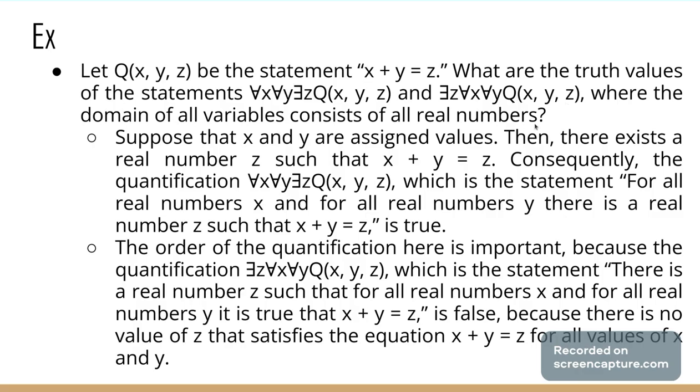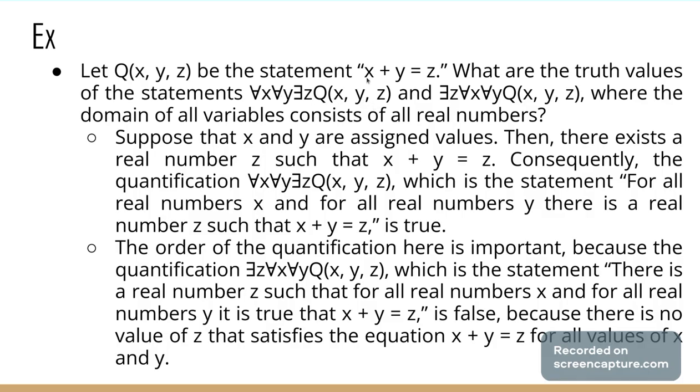Now, if you look at the explanation over here, this is exactly the same as saying that for all values of x and y, there exists one z for which x plus y is equal to z. That statement is true because we are still dealing with real numbers.